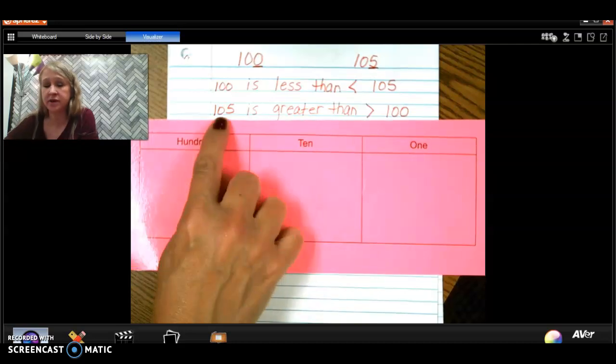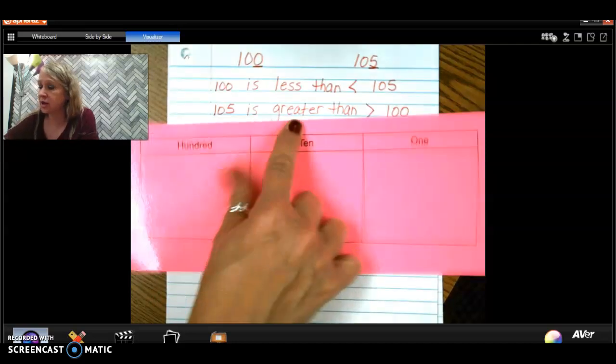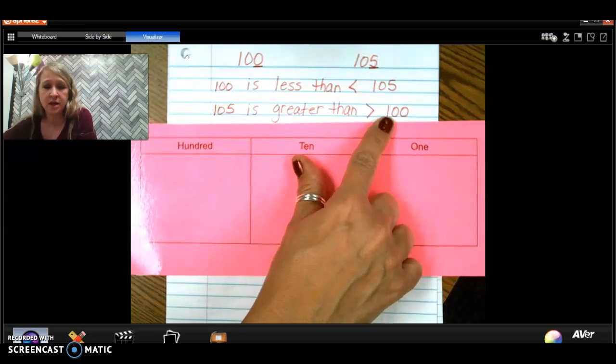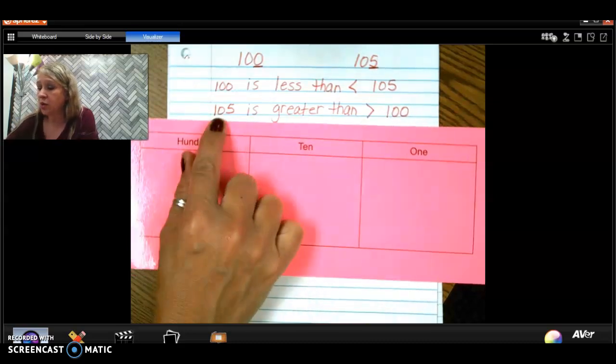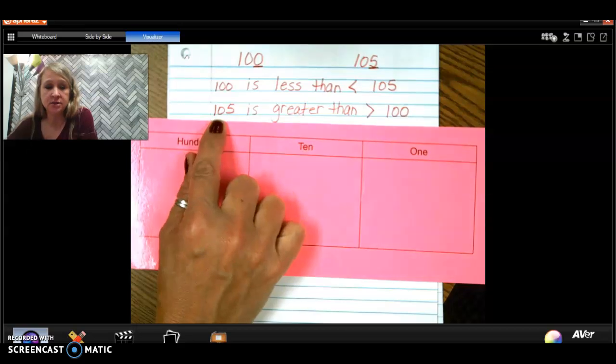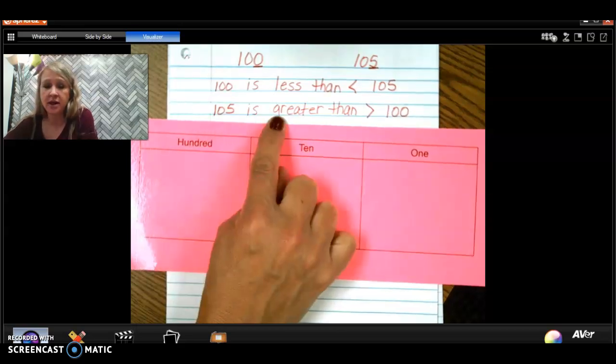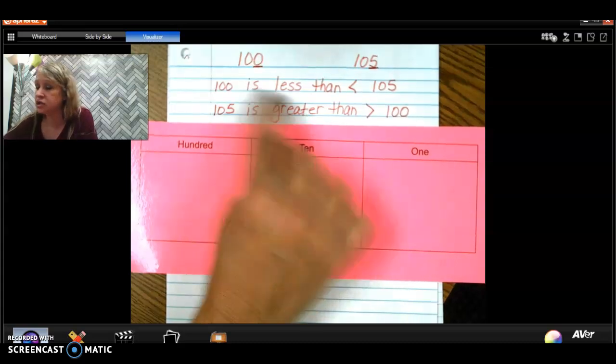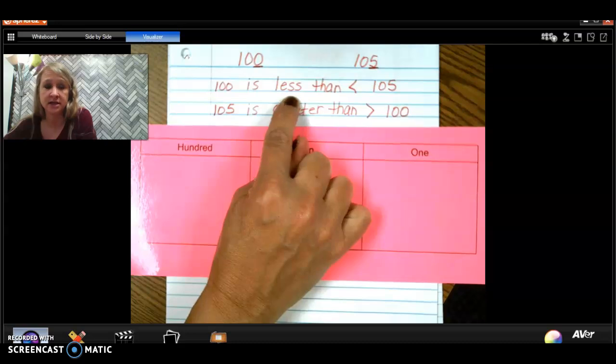I can say 105 is greater than 100. So when you are writing the numbers, make sure that you are writing the correct words that go with it. If it's asking what's less, make sure you're writing that instead of greater than.